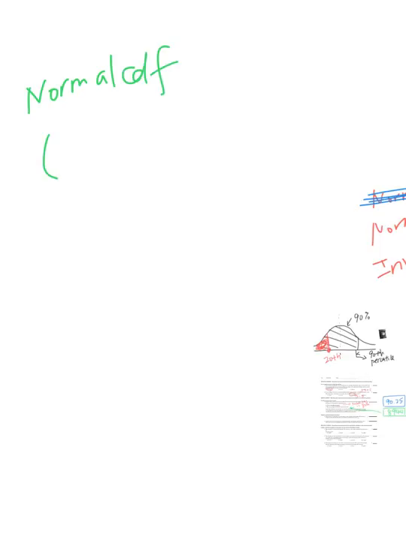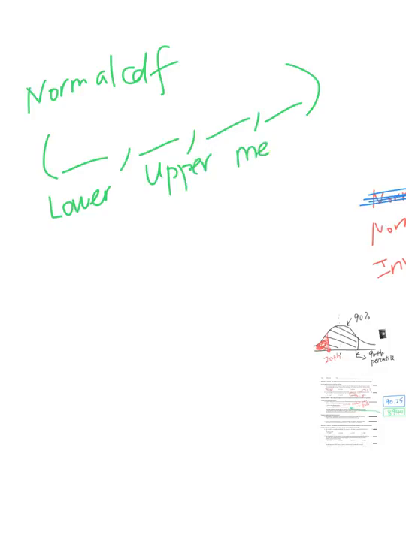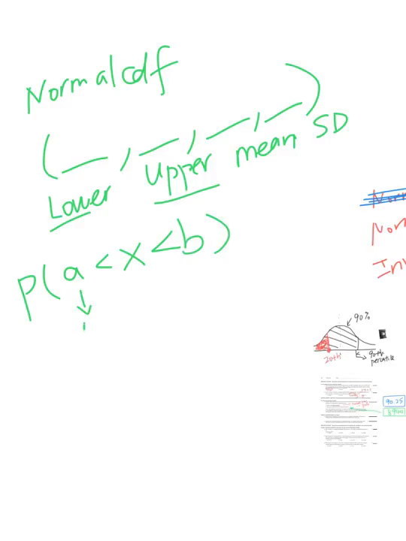For normal CDF, we need to input 4 numbers: lower, upper, mean, and standard deviation. Mean and standard deviation are always given in the question. The challenge is how to find the lower and the upper. For example, if we are looking for the probability for x between A and B, A is the lower, B is the upper.